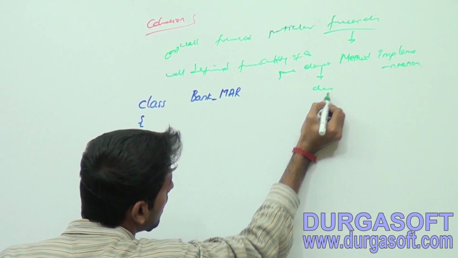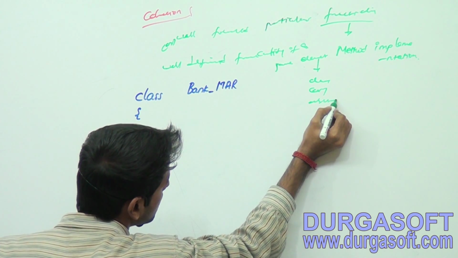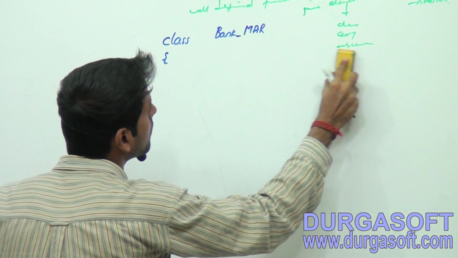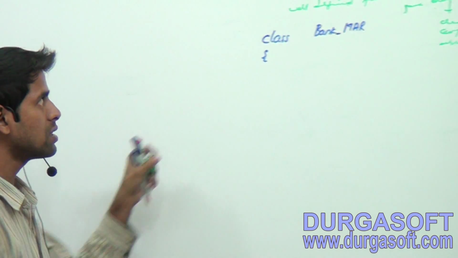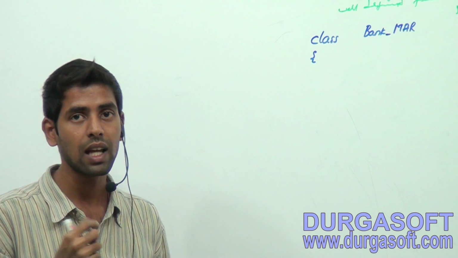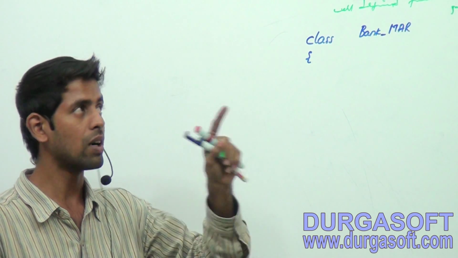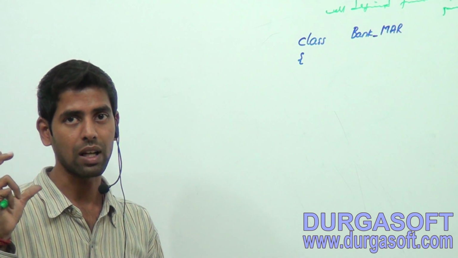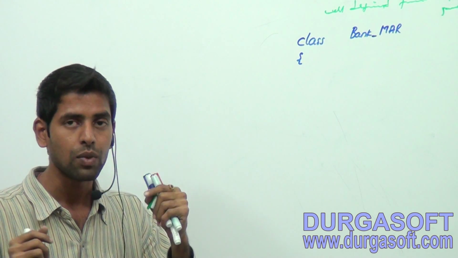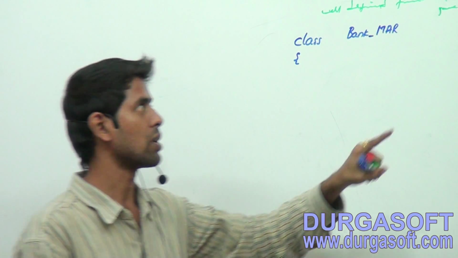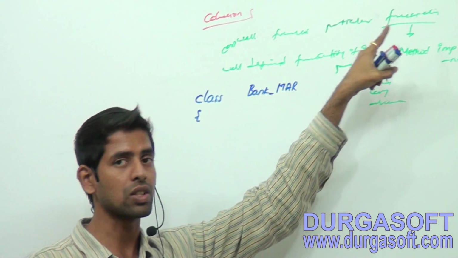That can be a class, an abstract class, or an interface. What does functionality represent here? Method implementation. Whatever logic we write, that will be the functionality.